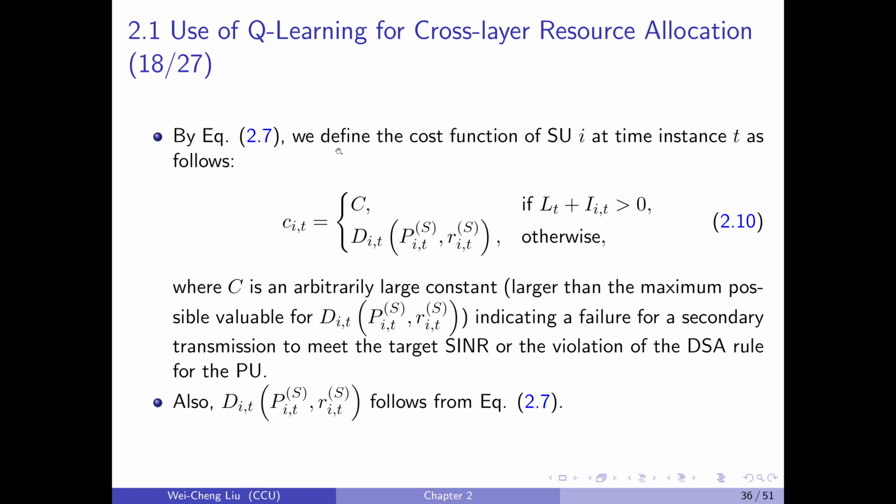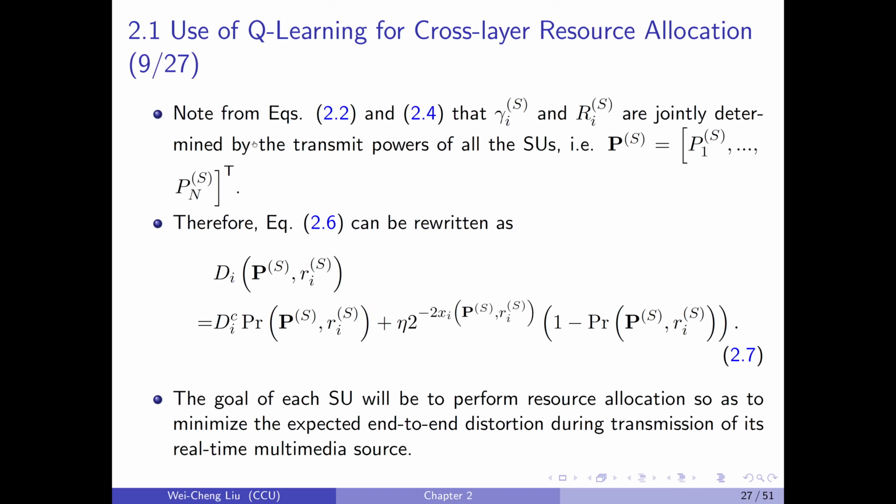We define the cost function of secondary user i by equation 2.7. Equation 2.7 is this equation.